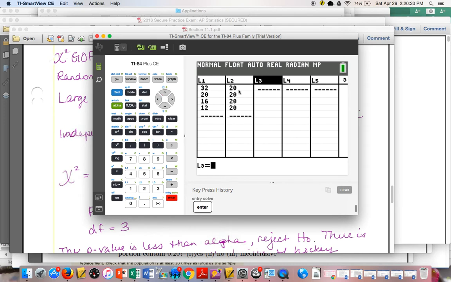What I'm going to do in list 3 is find the test statistic, so it's always the observed, my observed are in L1, minus the expected, my expected are in L2.